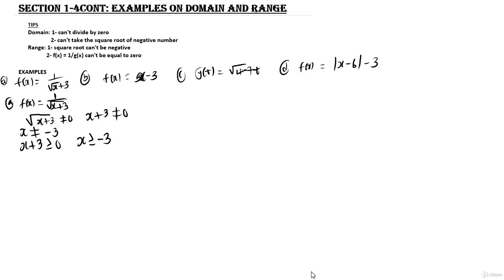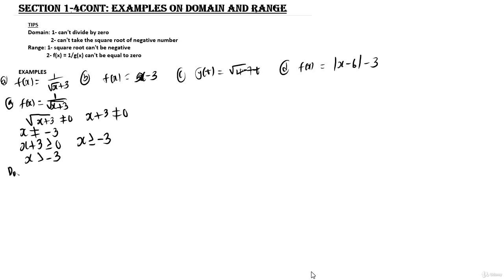So when we combine both of these, we are going to have s should be greater than minus 3, right? S should be greater than minus 3, because s cannot be equal to minus 3, and s should always be greater than or equal to minus 3, so this means that s should be greater than minus 3.